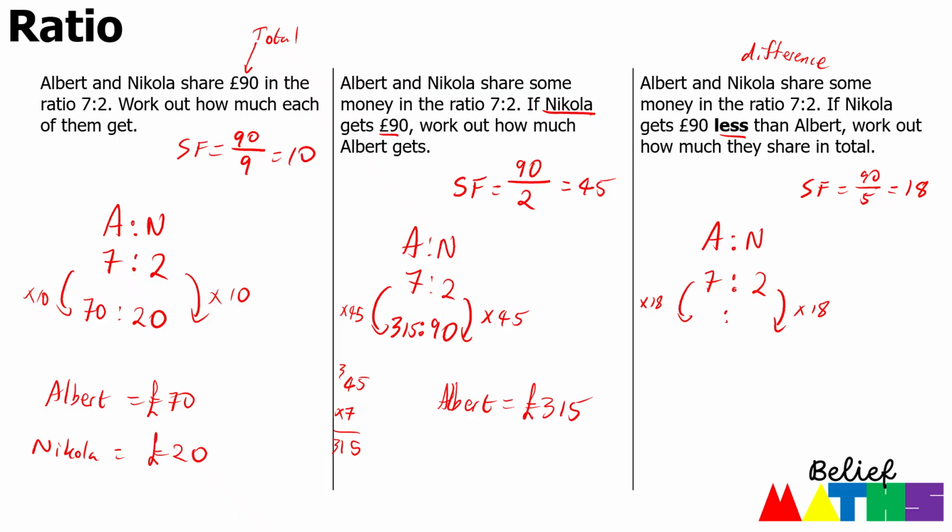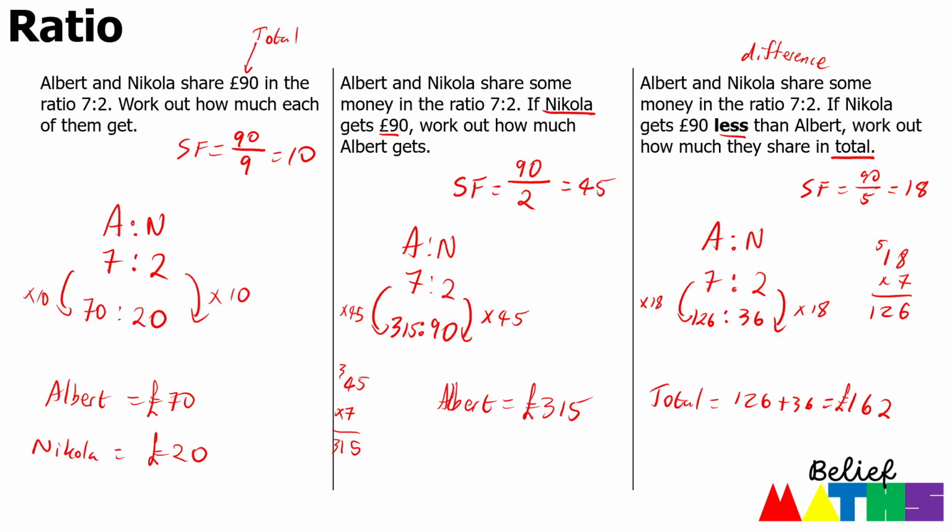Okay, so that gives us 18 times 2 is 36. 7 times 18, well again we can do that on the side. So 7 8s are 56, carry your 5, that's 7 plus 5, which is 12, so it's 126. Now the question asks how much they share in total. So in total, they get 126 plus 36, which is £162 in total.